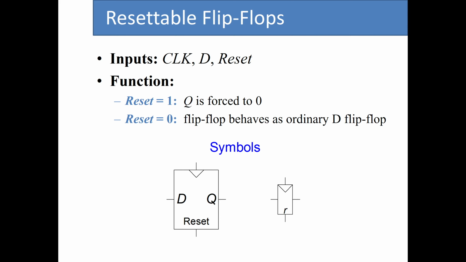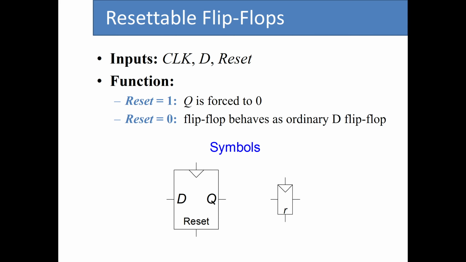The other variation is the class of resettable flip-flops. So let's say you have a bunch of flip-flops that you want to be able to control with one single input. And you want to make all of them 0 whenever you use that signal. So one way to make all the flip-flops 0 is to write 0 on each of them, right?